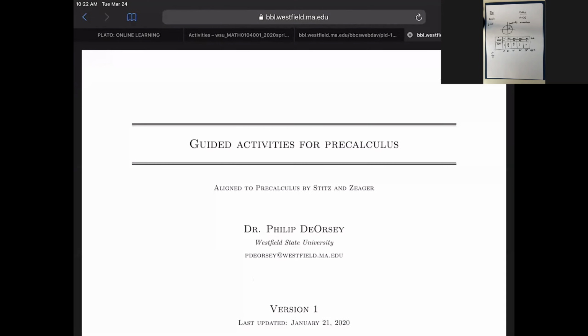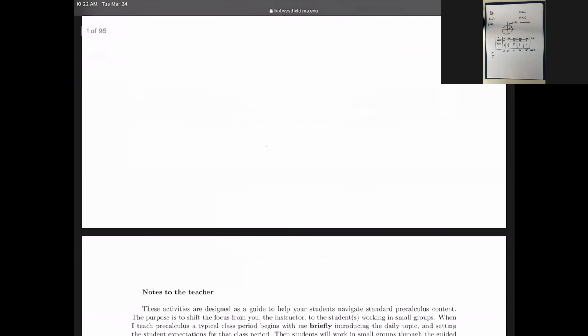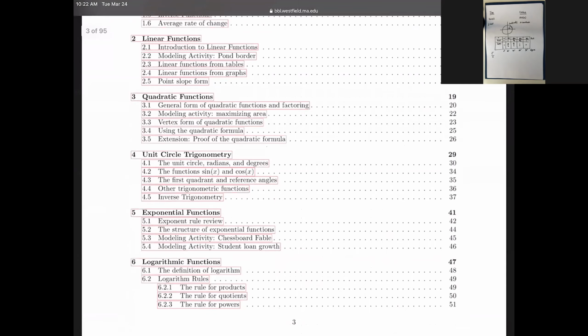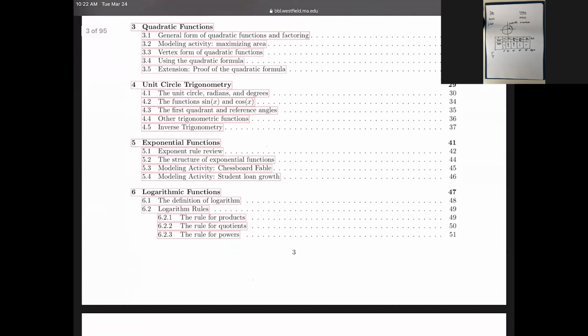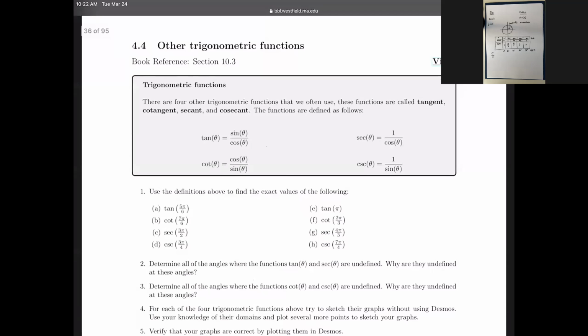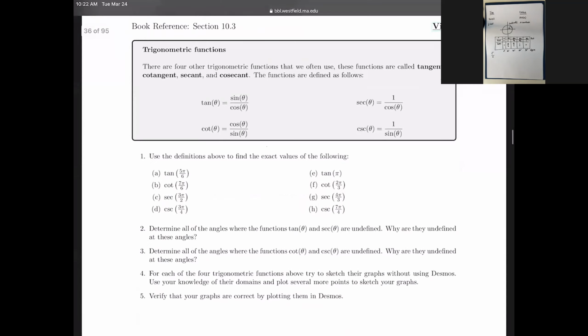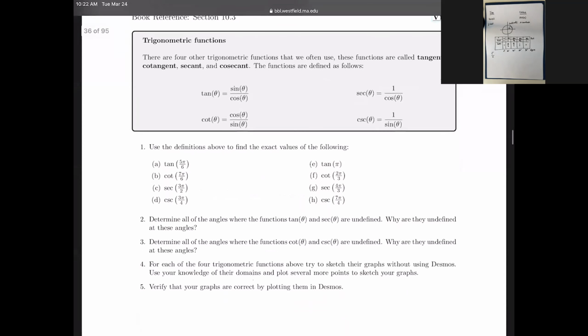This is all of the activities that I've created for this class, so guided activities for pre-calculus. The PDF is pretty nice because these are hyperlinked. What we're working through right now is this other trigonometric functions. So in your notes, you have this available to you as well. All of this is here: tangent, secant, cotangent, and cosecant.